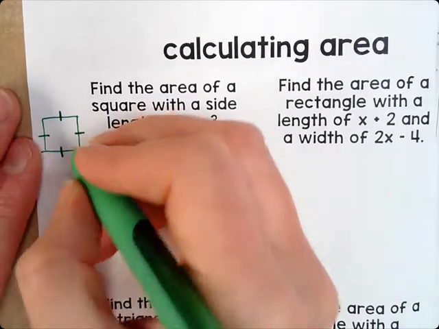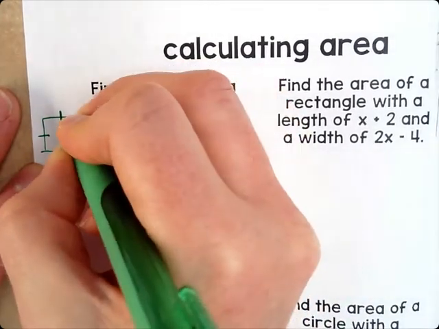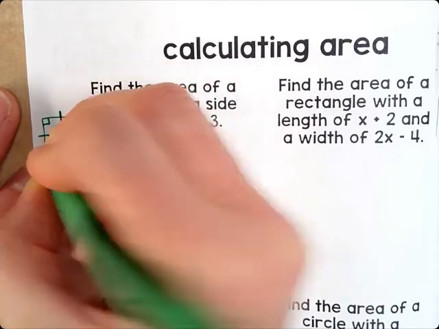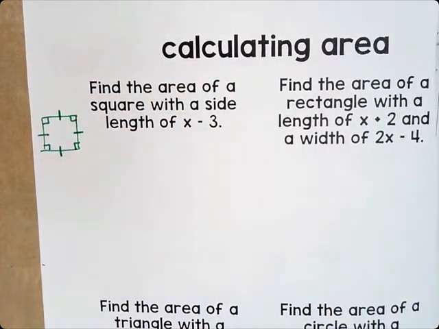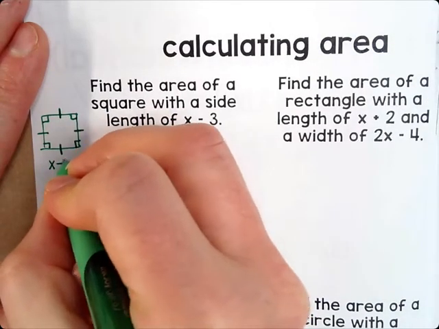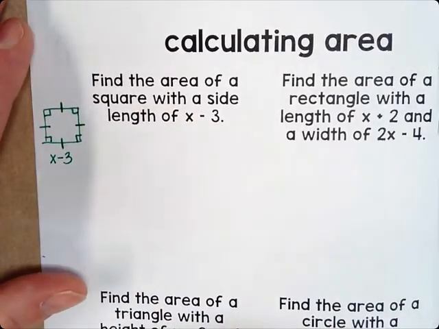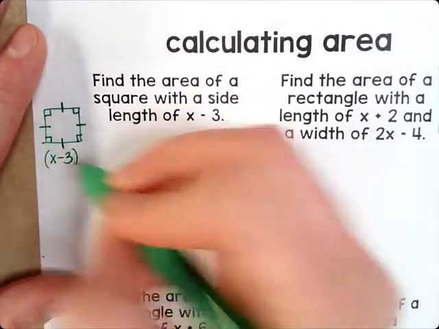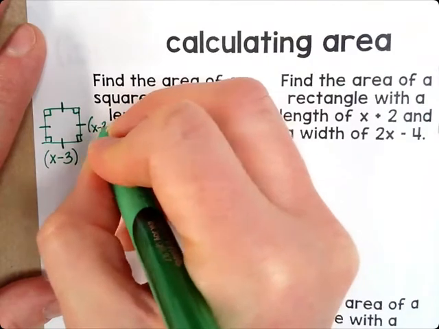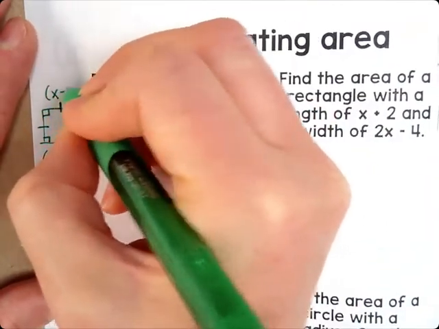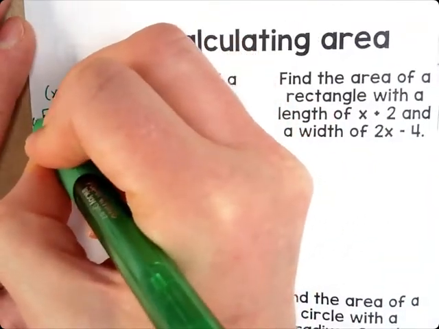And then all the angles are 90 degrees, right? That doesn't really affect us much, but it's just remembering those things about squares. And it says side length is x minus 3. So they're all x minus 3.